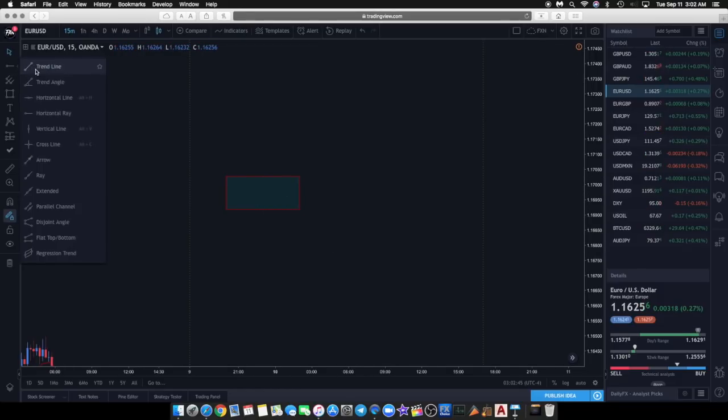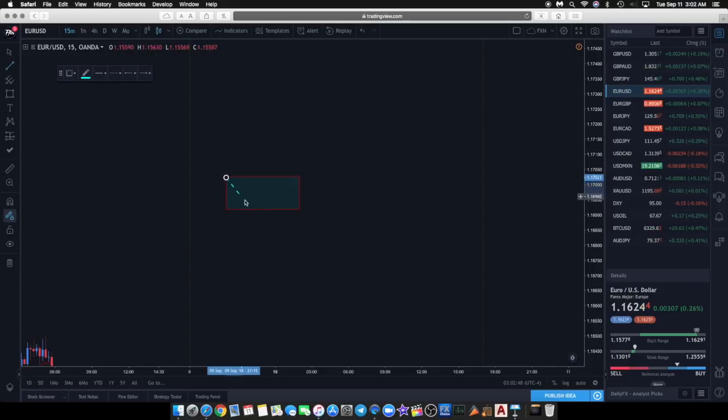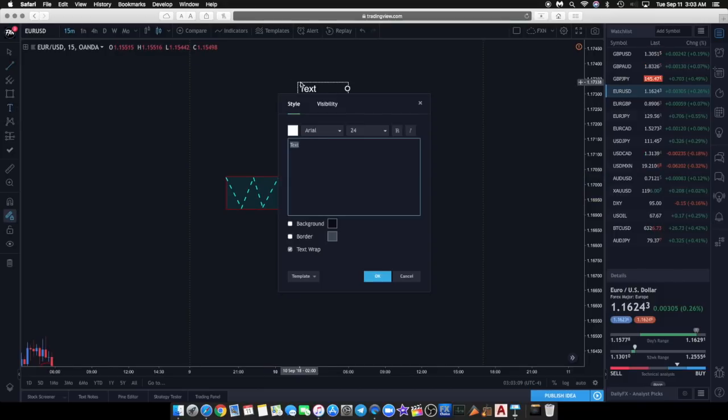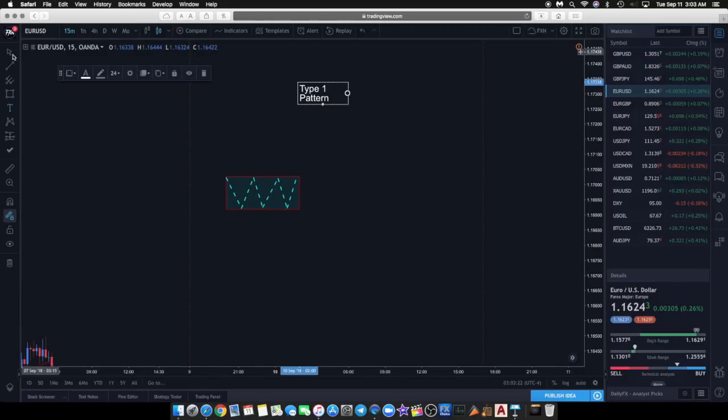So we have our accumulation phase here, and price is just basically going up, down, up, down, up, down, right? So I'm going to show you type 1, okay? This is pattern setup type 1, all right? So type 1 pattern is what this is. All right.